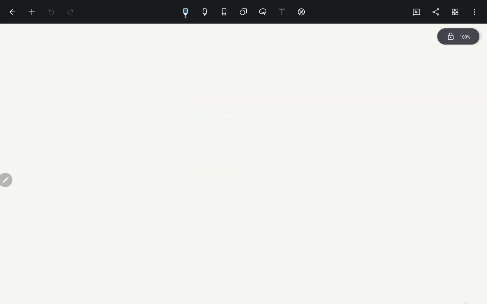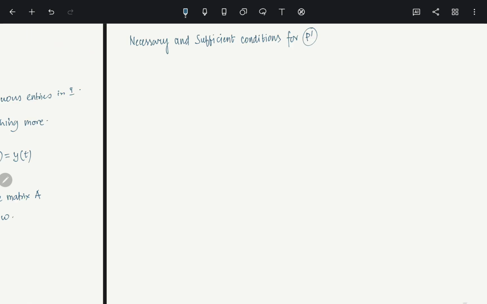So first of all, we are going to do this theorem. It's called the necessary and sufficient conditions for P prime to admit a periodic solution. What is P prime?